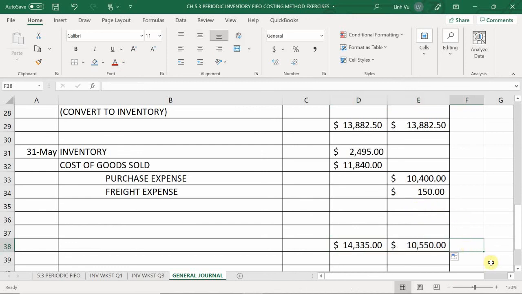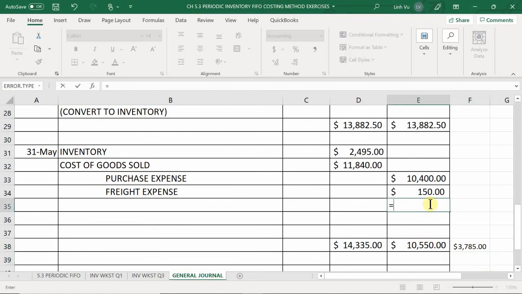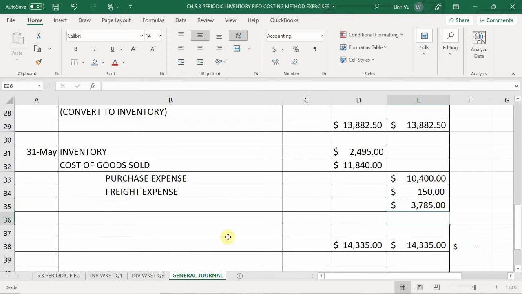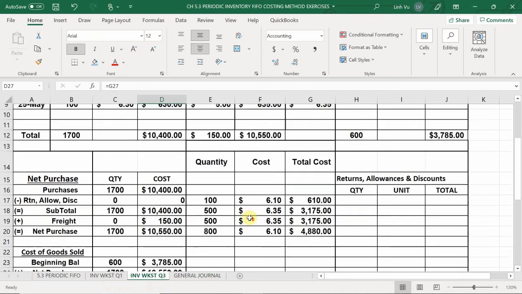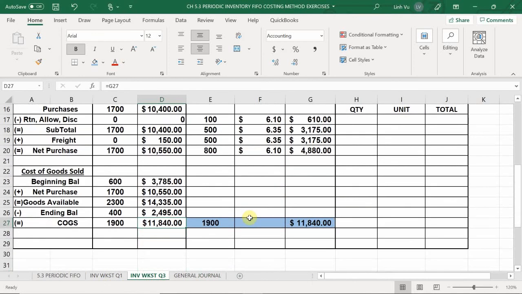Well, let's go ahead and calculate that on the side. I am missing $3,785 on my credit side. What value do I know is 3,785?